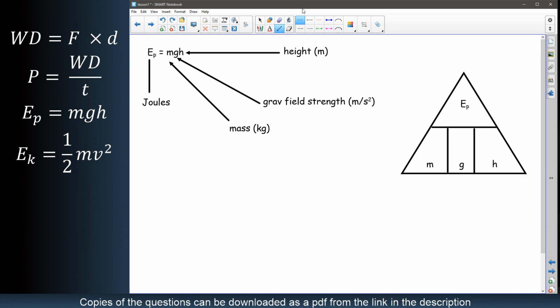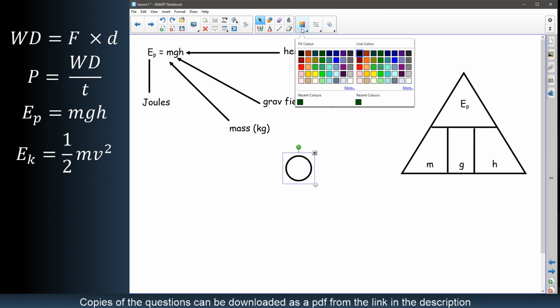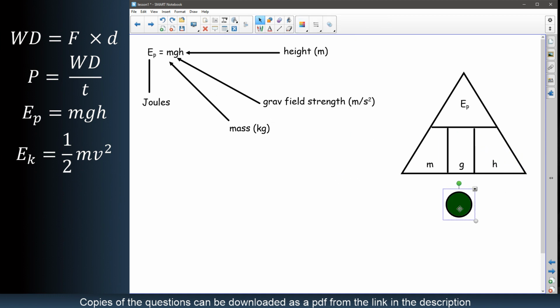Once again, the covering up system works, but you end up with a couple of things on your bottom line sometimes. So if I want to find the mass, it's going to be EP over GH, where G is multiplied by H before anything else happens. And then H is EP over mg, and again EP is mgh. No problem at all.